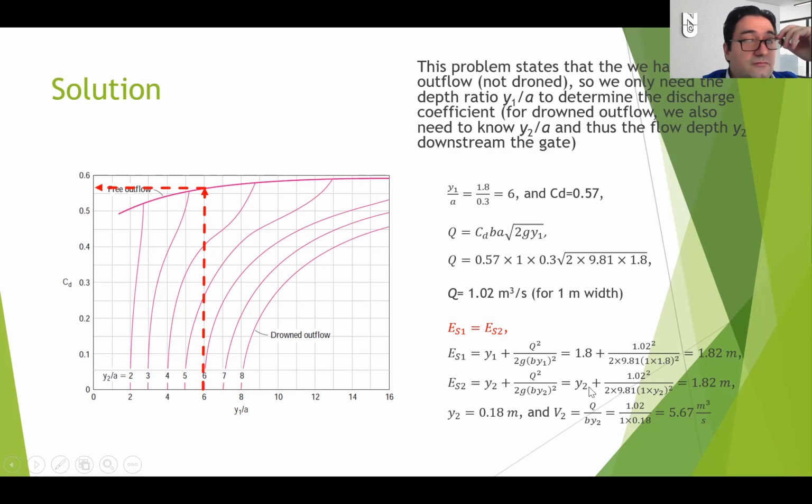It is interesting that only one student couldn't solve this problem, but the rest of the classroom solved it correctly. It means that you have a good level of understanding of the alternative depths, and it is even a topic for the lab experiment. Then you can find that the alternative depth is 0.18 meters, 18 centimeters. And if you calculate the velocity, you will see that this is the velocity value.